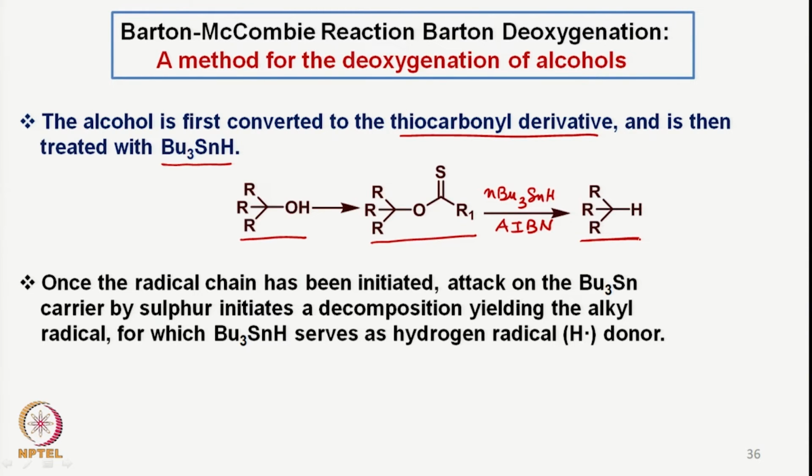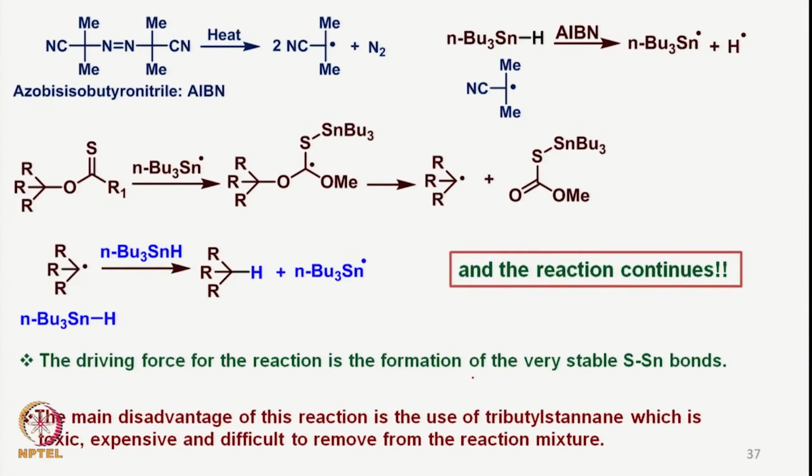Once the radical chain has been initiated, attack on the tributyltin carrier by sulfur initiates decomposition, yielding the alkyl radical, for which this serves as hydrogen radical donor. We will see how the reaction takes place.